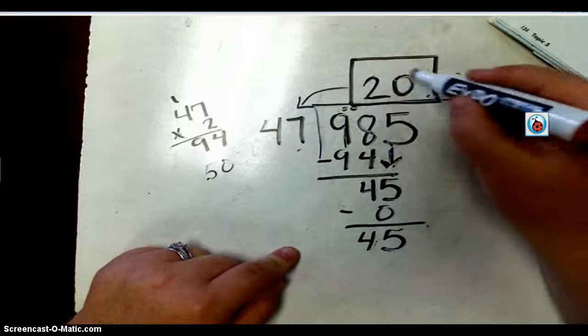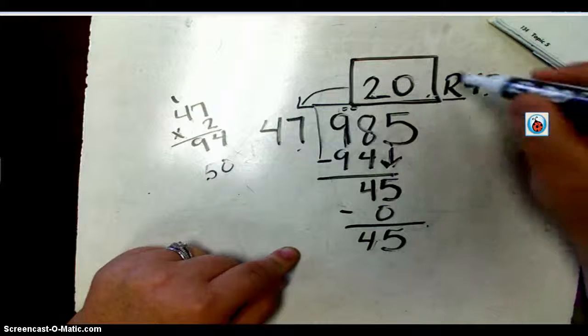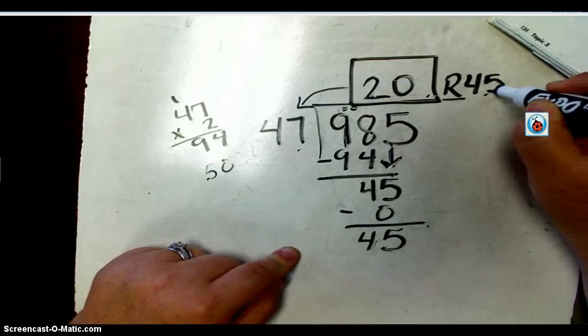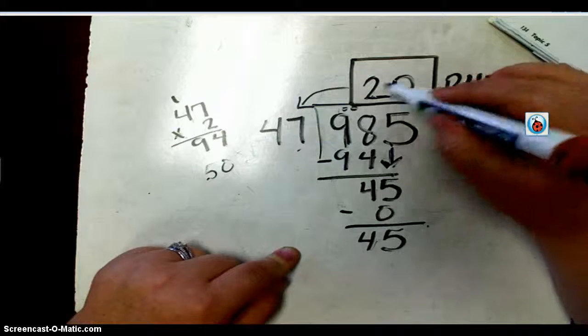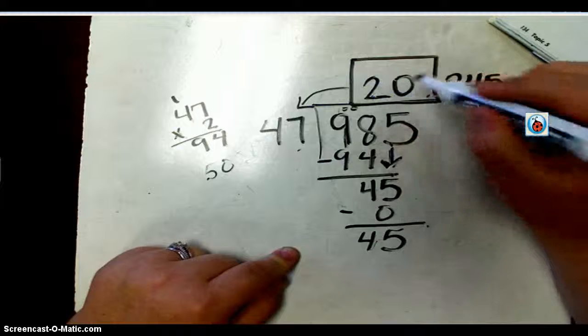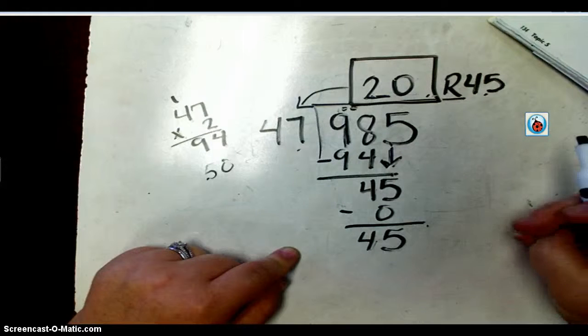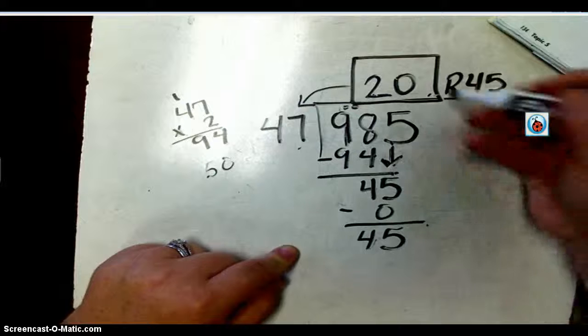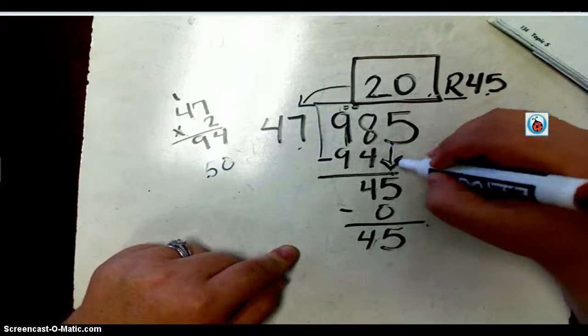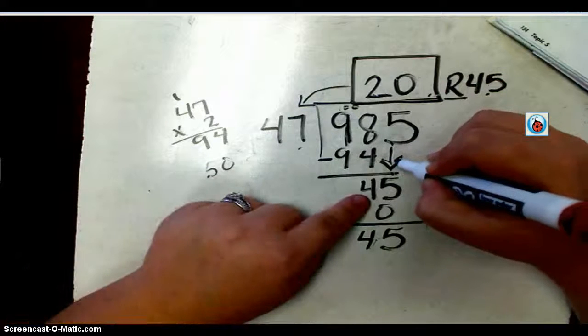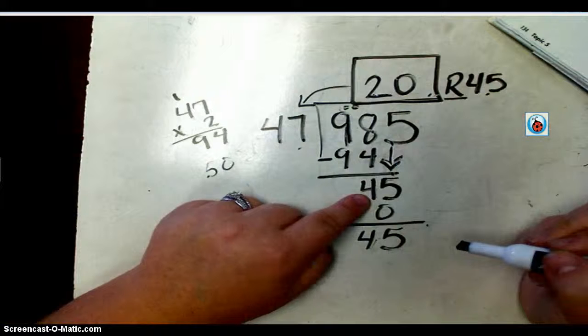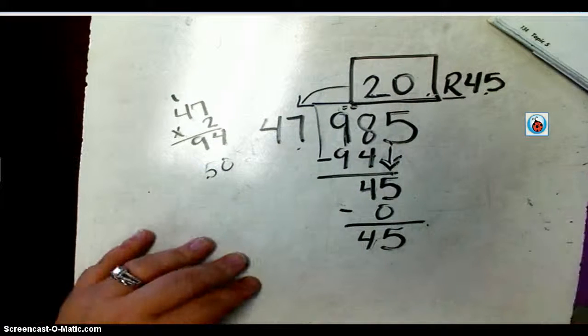So if you would have just put 2 remainder 45 in this lesson, that would have been incorrect because we're doing 2 digits in our quotient, which kind of lets you know that you do need that 0 in there. Okay? So remember, anytime you bring a number down, you always have to divide your divisor into that number. Okay?